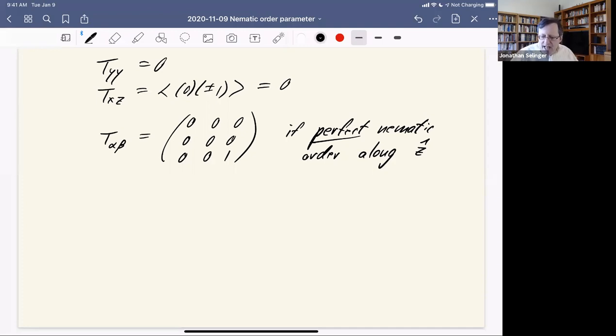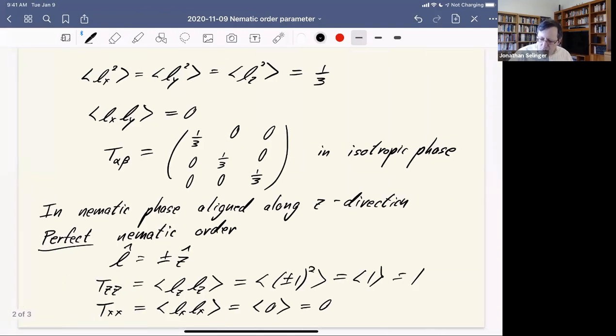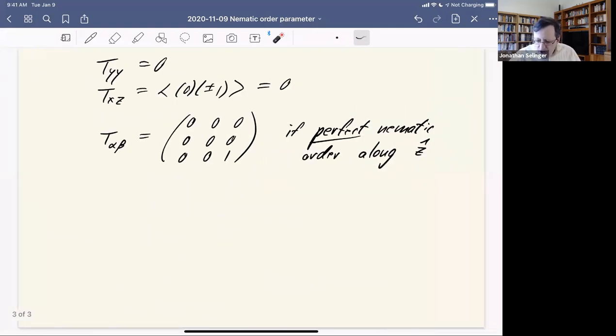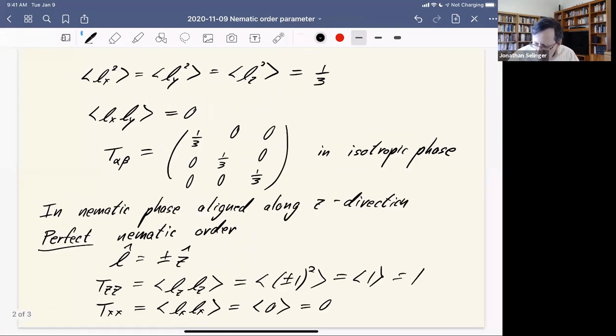Well, I can do that by just subtracting off the tensor in the isotropic phase. So for that beautification step, let's define a new tensor, T prime alpha beta, to be T alpha beta minus what the tensor is in the isotropic phase, which is this 1/3, 1/3, 1/3 on the diagonal.